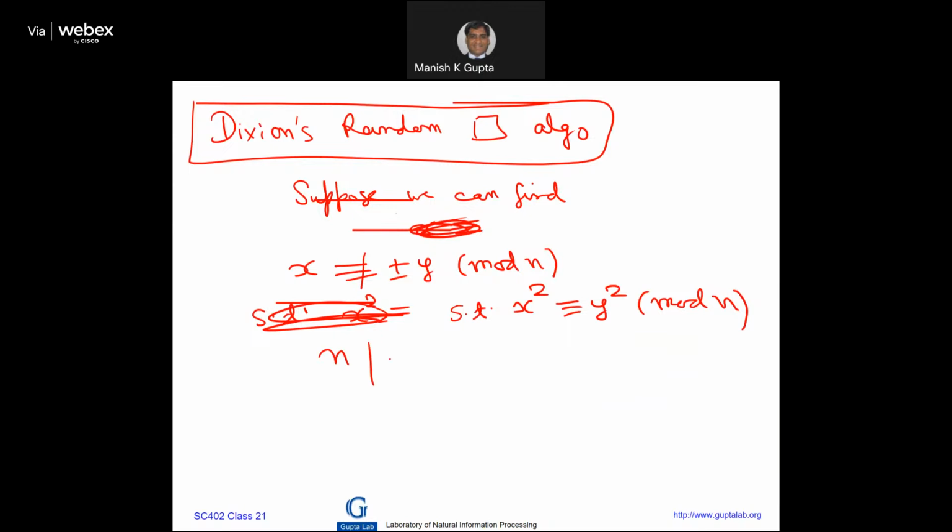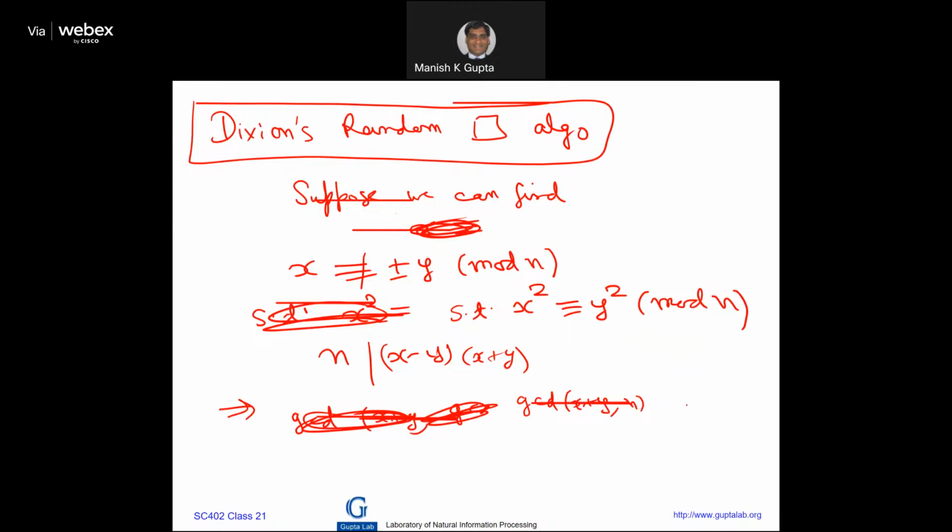In that case, n will divide (x minus y) times (x plus y), right? Because x squared minus y squared is a multiple of n. So n divides this, but neither x minus y nor x plus y is divisible by n. So one factor is the GCD of x plus y and n, and another is the GCD of x minus y and n.